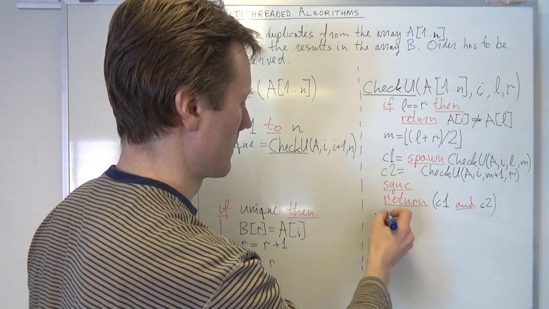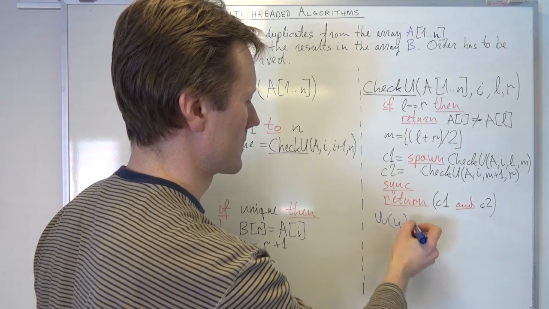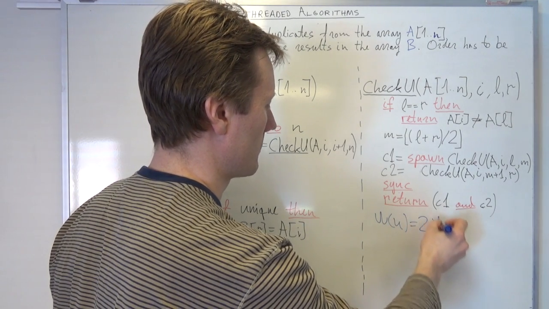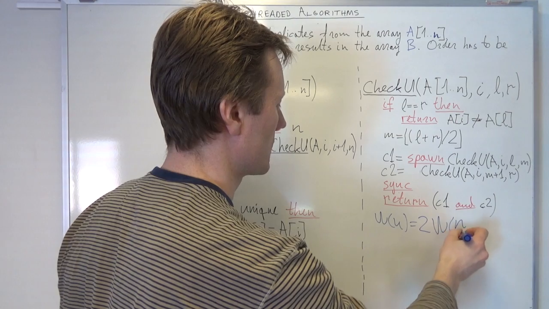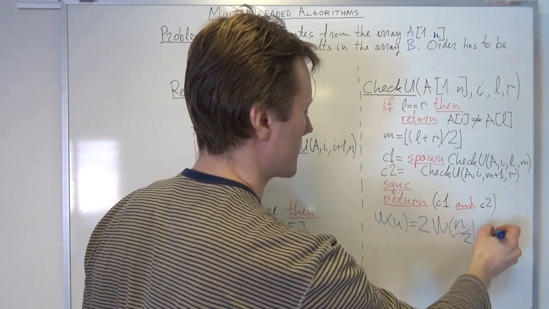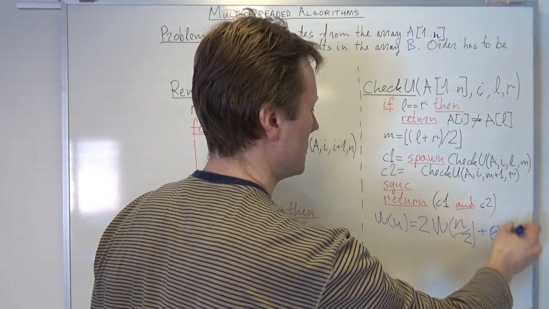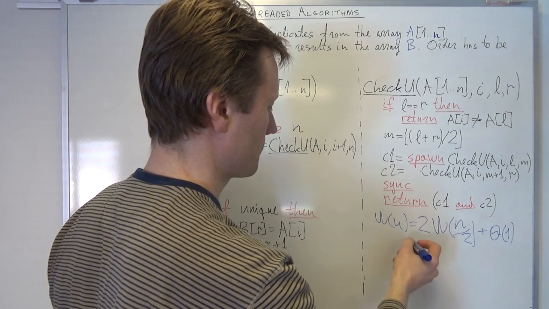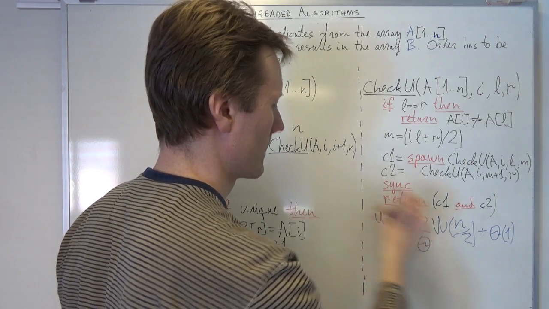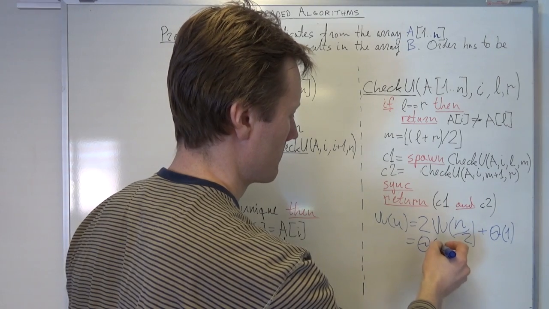The work can be described by this recurrence. We solve two subproblems of half the size of the original, and then we do some constant work. So this means that the work is linear.